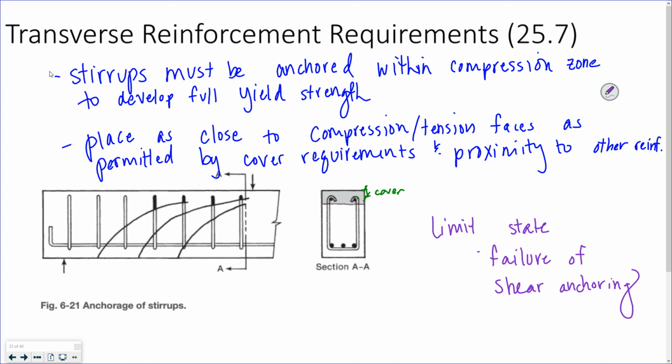If you only started your shear down here, it might just pull right out, or it might not have that yield stress that you're looking for.